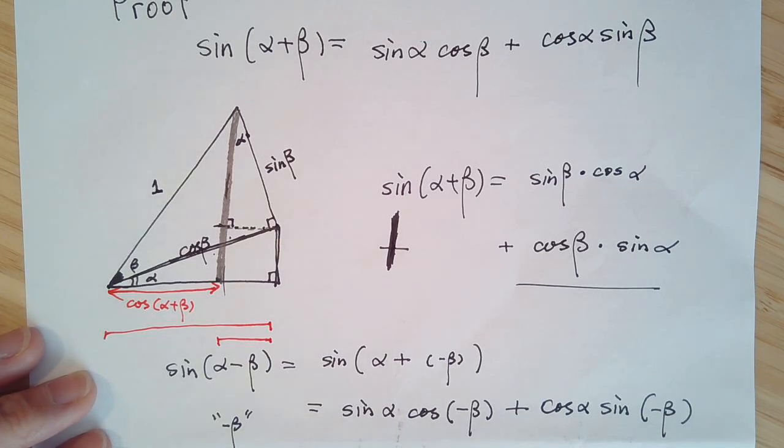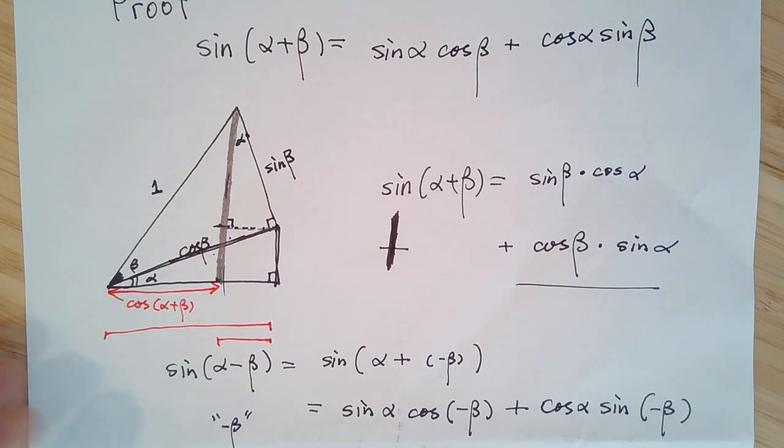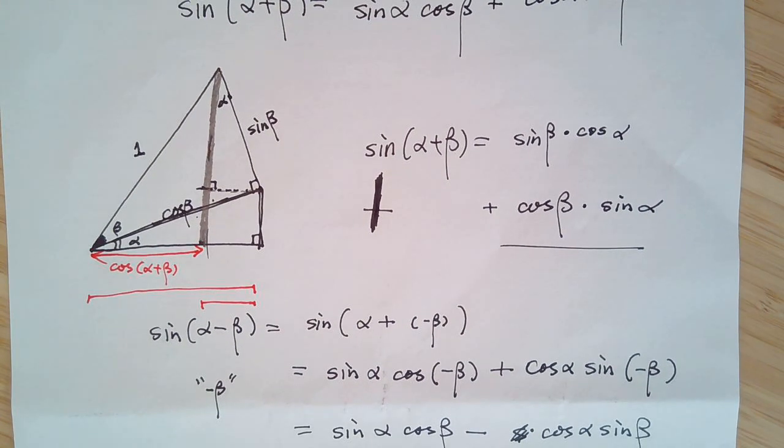If you're interested, you can find the formula for cosine alpha plus beta. And once you have that, you can derive the formulas for tangent alpha plus beta and alpha minus beta. I'm not going into the detail. I would leave that as your fun thing to do after this session.